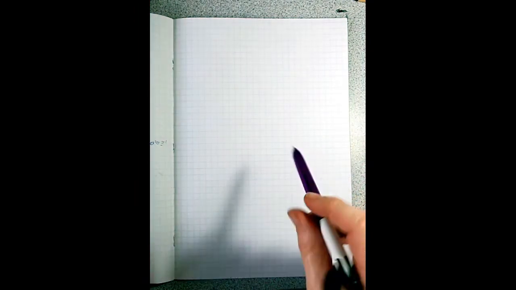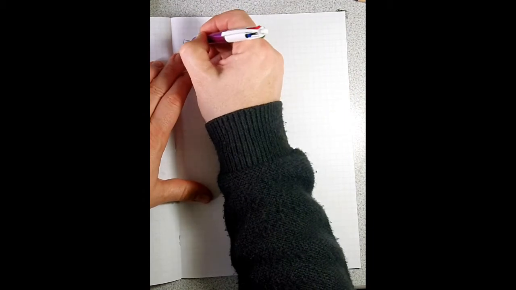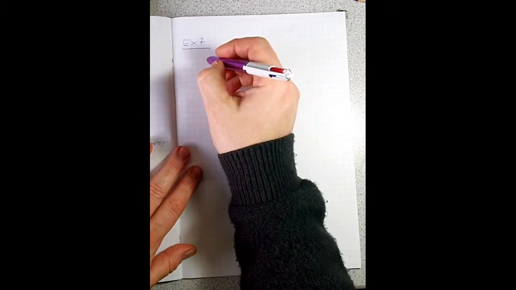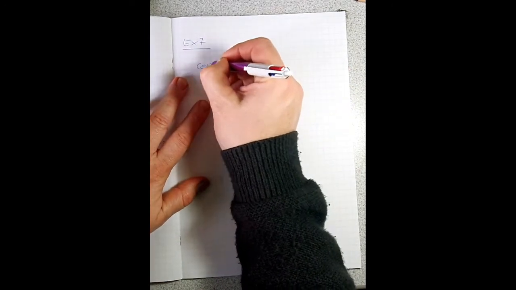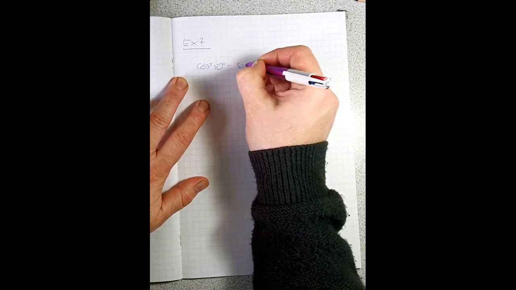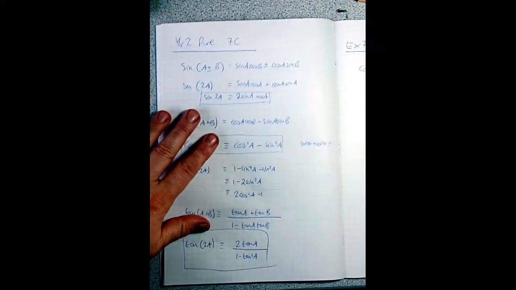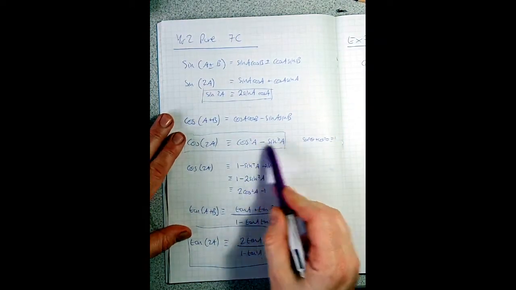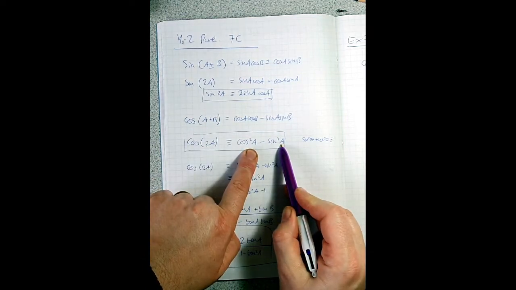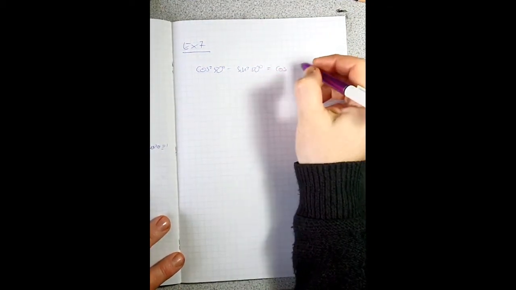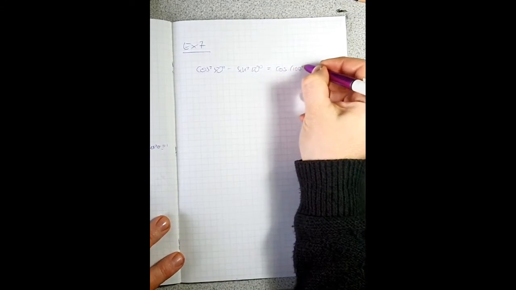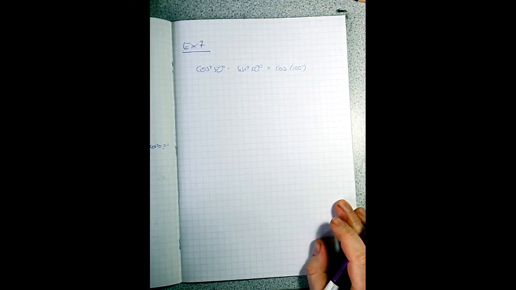So if we look at example 7, write as a single trigonometric ratio, so cos squared 50 minus sine squared 50. Well, looking at my identities, cos squared minus sine squared, a is obviously then 50 degrees, which means cos 2a is cos 100 degrees.